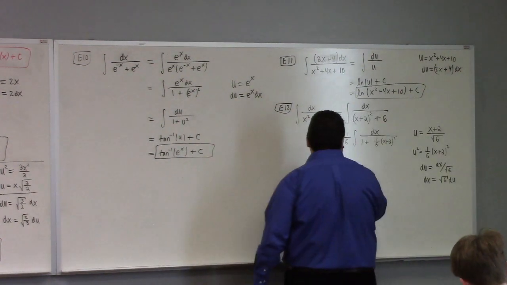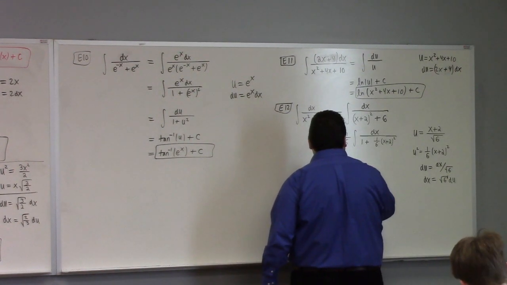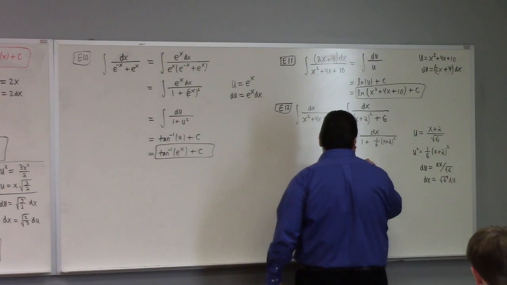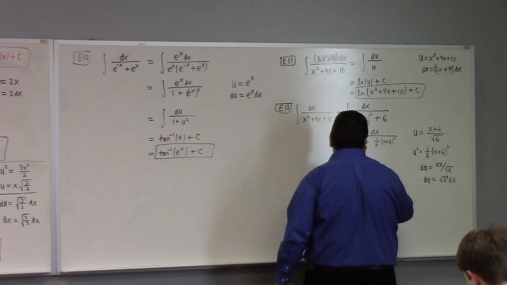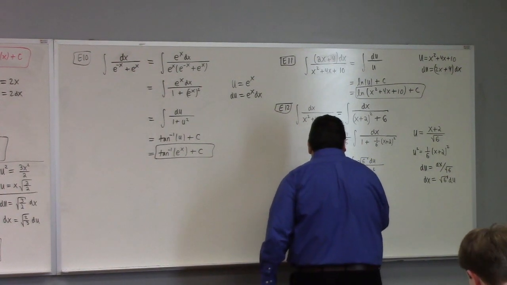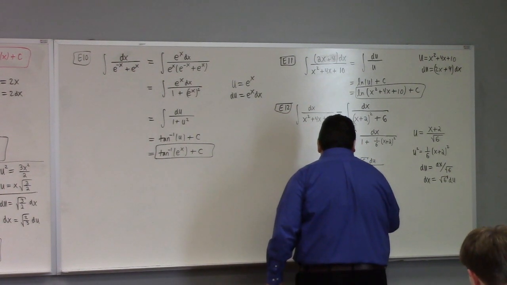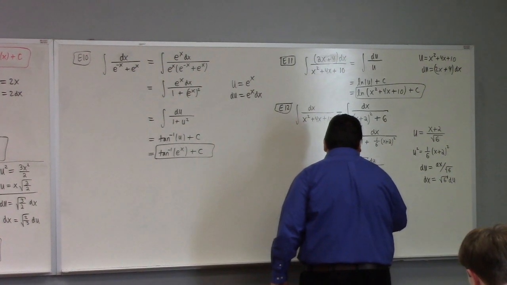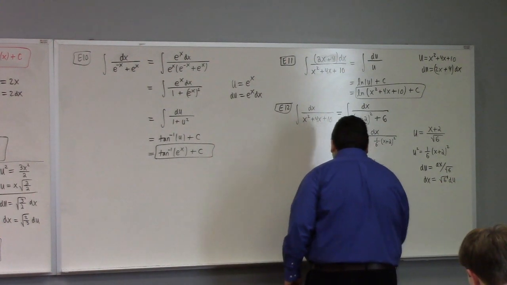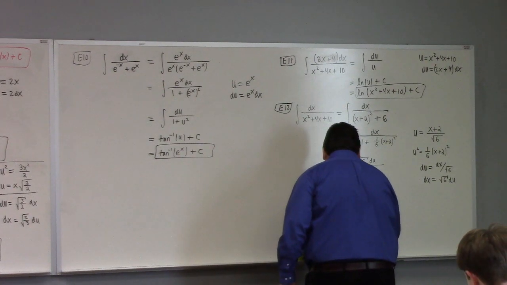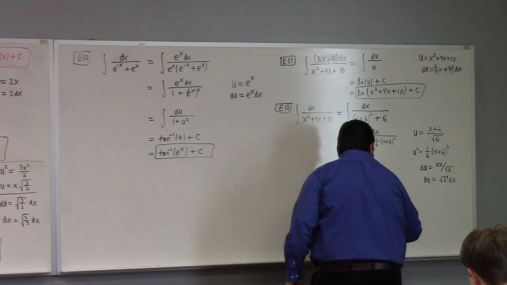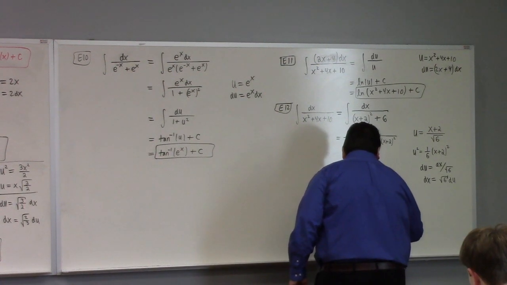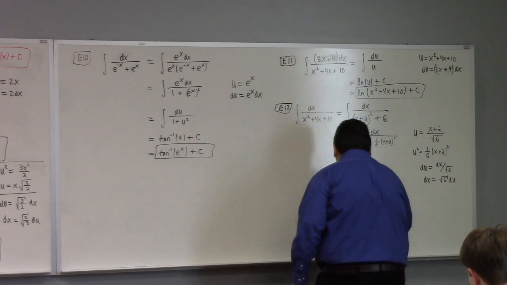So what we got here is 1/6 integral of the square root of 6 du over 1 plus u squared, also known as 1 over the square root of 6 times the inverse tangent of u plus a constant, which is 1 over the square root of 6 times the inverse tangent of x plus 2 over the square root of 6 plus a constant.